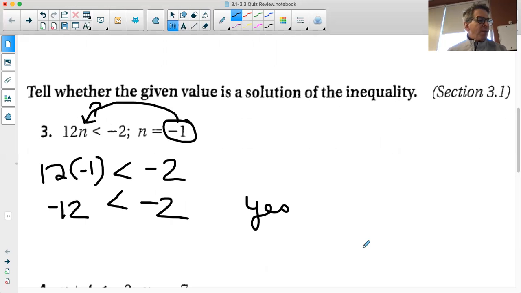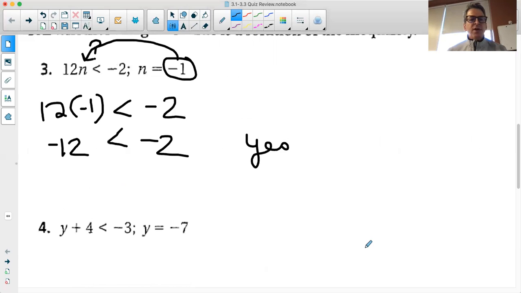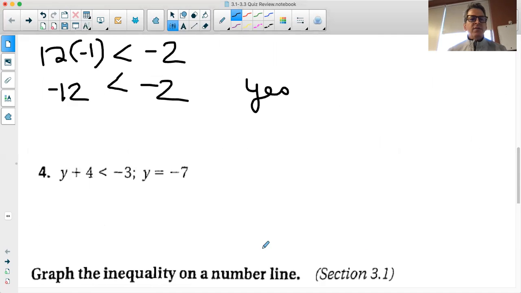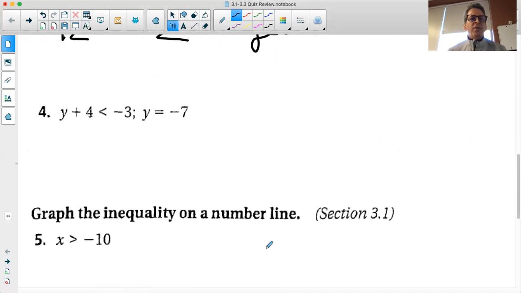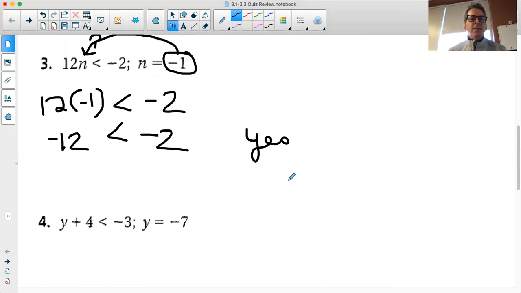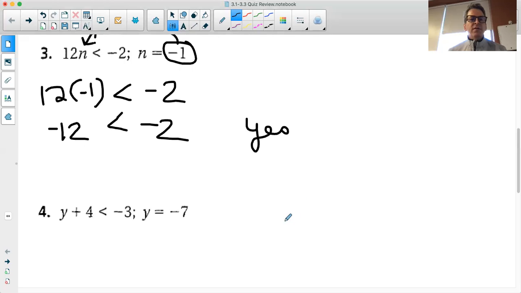Number 4, y plus 4 less than -3. Y is equal to -7. I'll move it right about there so you can still see that other one. Okay, so you're going to take this -7 and plug that into your expression on the left there. -7 plus 4.